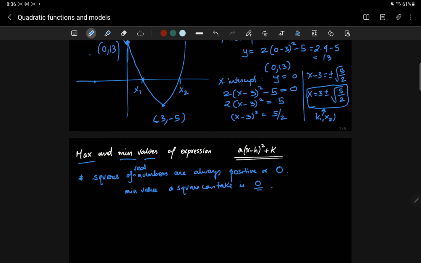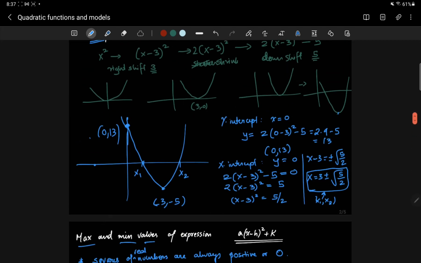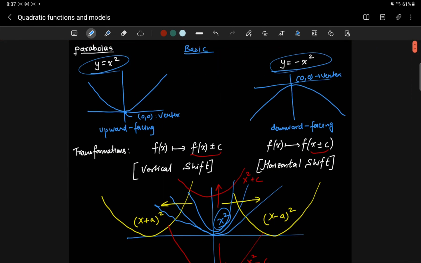And that minimum value happens exactly when the number you're squaring is 0, right? So for example, the min of x squared is 0 and happens when x equals 0. Now, if we go back and look at the parabolic shapes, there's always a vertex, right?